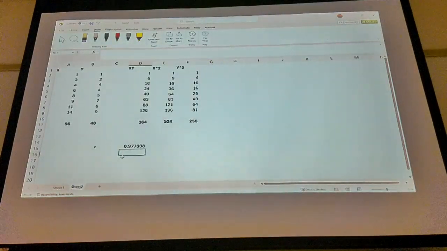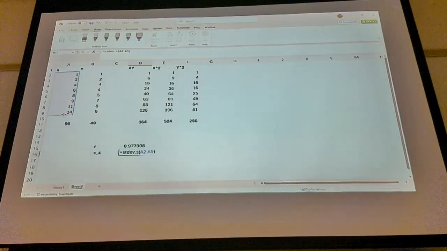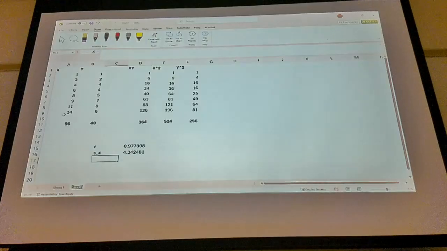We also need standard deviation for x. Remember how to find that? Equals stdev dot s for sample, for the x. Standard deviations for the y's.